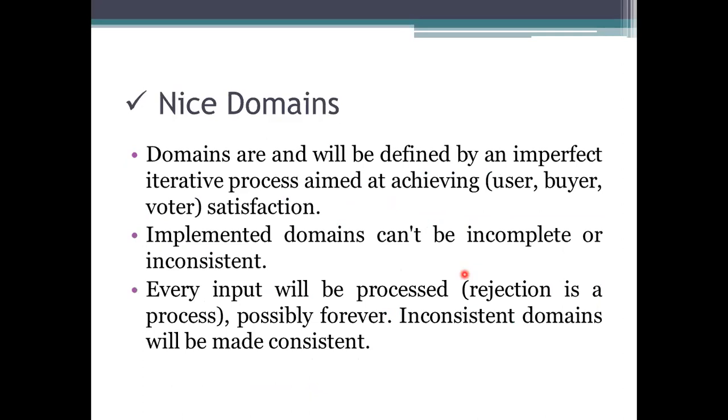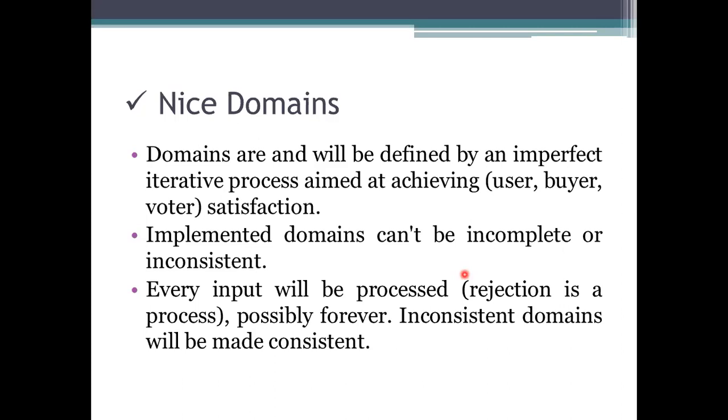Nice domains are domains which are clear, consistent, with closure that is very perfect, and boundaries that are closed or defined very clearly. They are used for user purposes, with exact domains for input processing. Domains means the input set we are using for the processing.